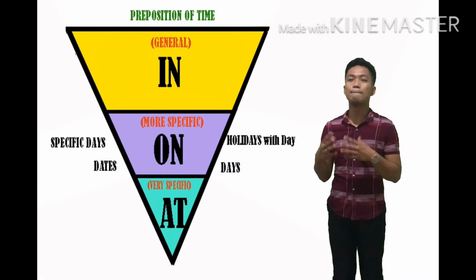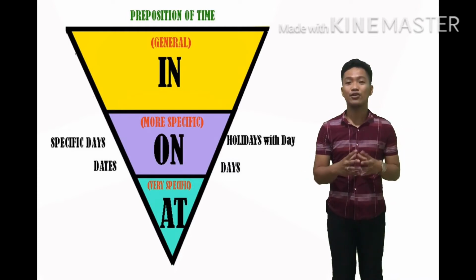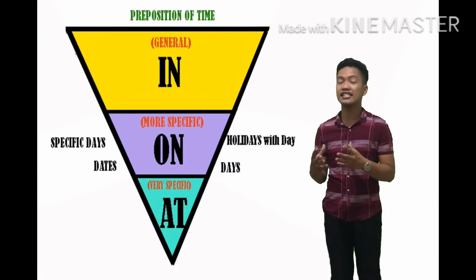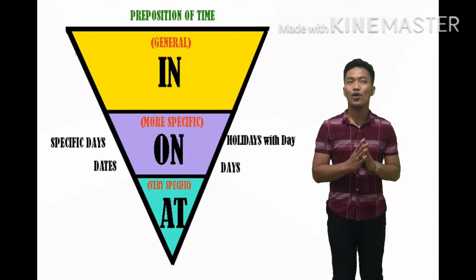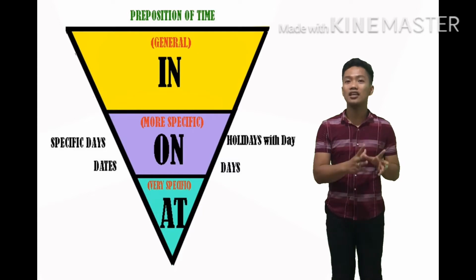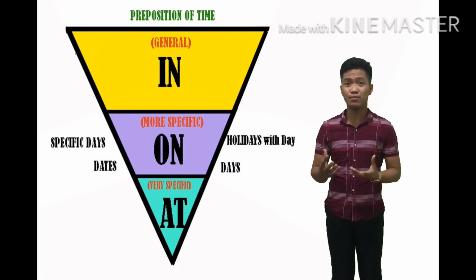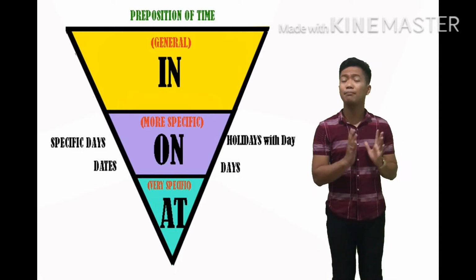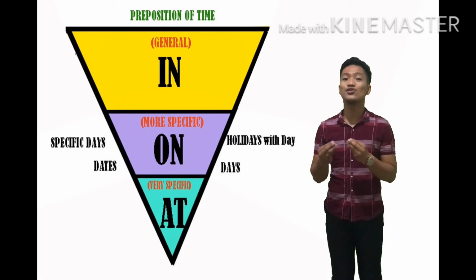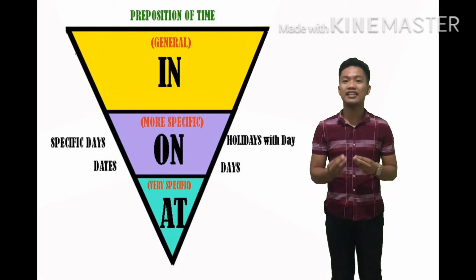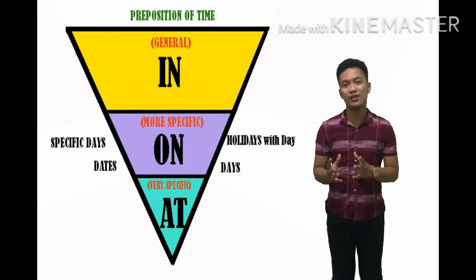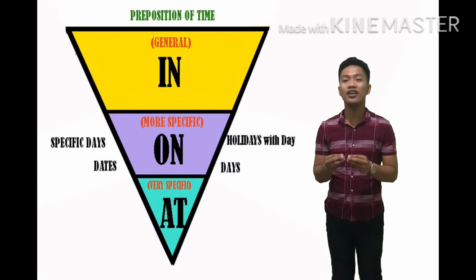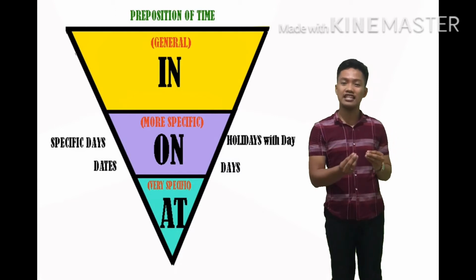For example, Monday: our meeting or report is on Monday. Second, it could be dates, like on the 3rd of April. Specific dates could be my birthday: my birthday is on October 14, 1999. Or, for example, our anniversary is on January 13, 2015.